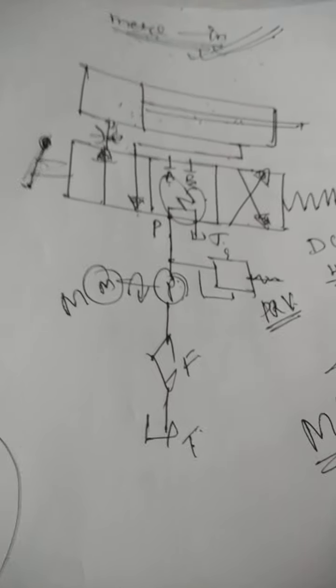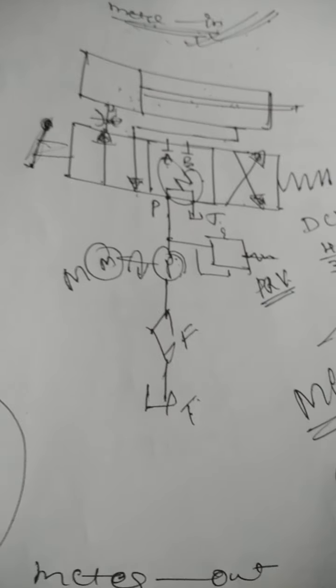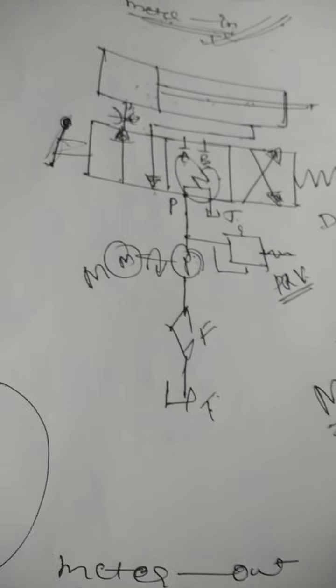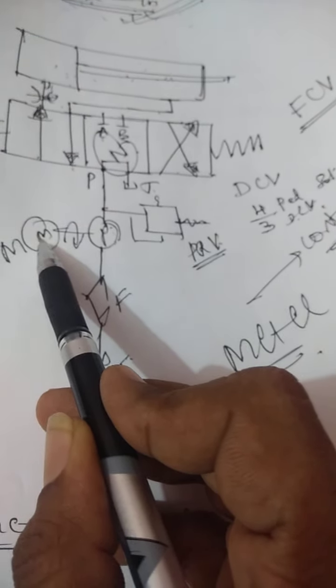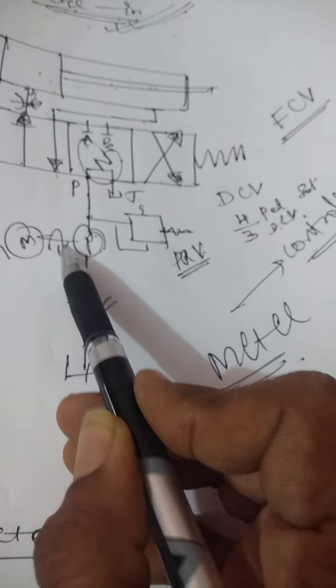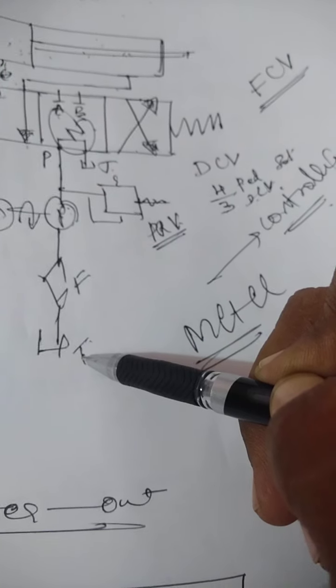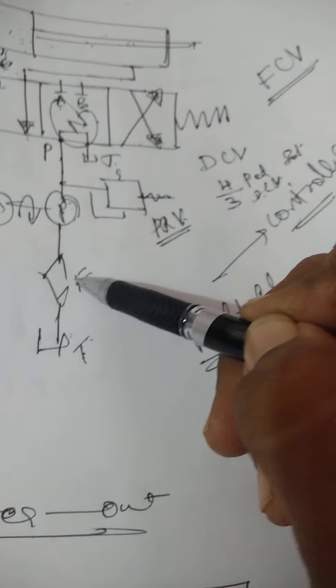Now, I want to explain how this meter-in hydraulic circuit performs its function. Switch on the main power supply. This motor is getting the main power supply. Due to that, the motor shaft is rotating. Therefore, the pump is making its function. The suction of the fluid takes place from the tank, and that fluid moves into the filter.